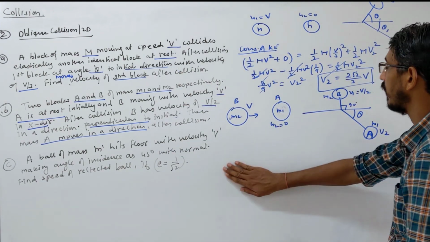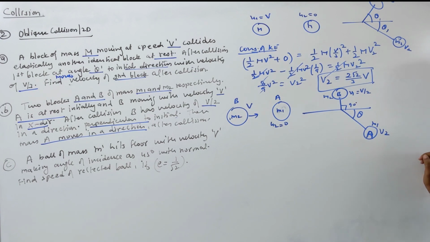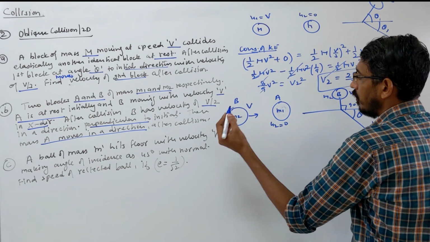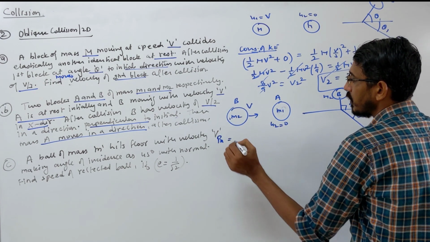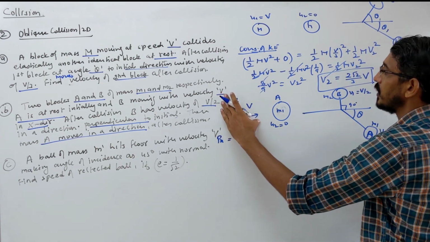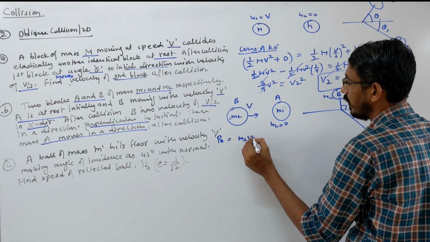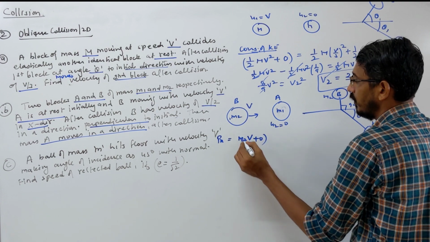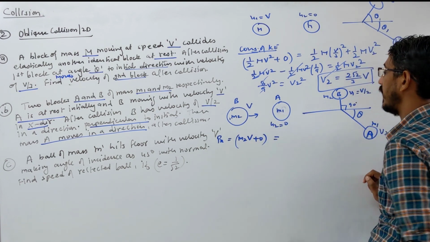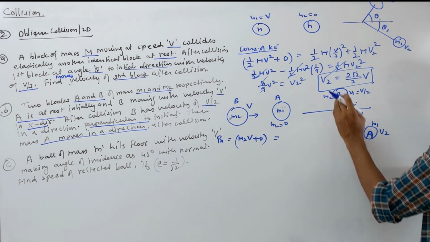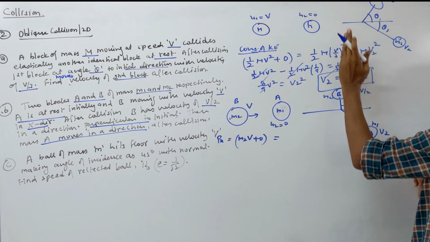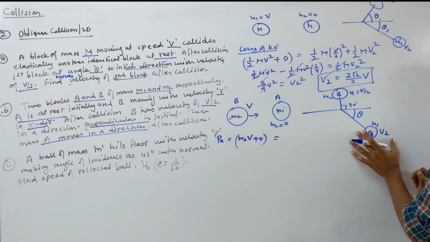Here we now write the conservation of momentum in the x and y directions. Momentum in the x direction initially is m2 into v, and this is simply 0, as it is not moving. Finally in the x direction, this ball is moving perfectly vertical, so no component in the x direction. The component of this only you have to take.